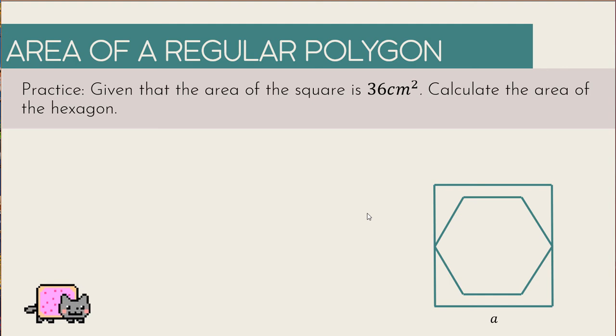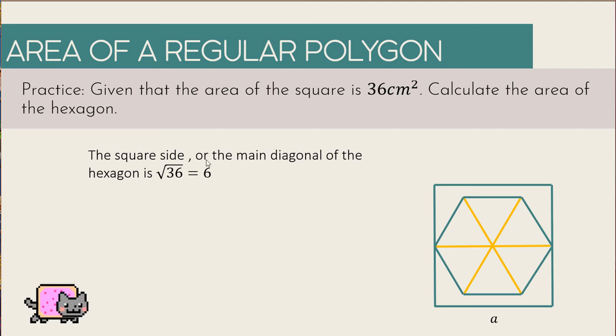Here's a bit of practice. Given that the area of the square is 16 square centimeters, calculate the area of the hexagon. Again, we will divide the hexagon into 6 identical triangles. And now we calculate the square side, or the main diagonal of the hexagon. Can you see that?